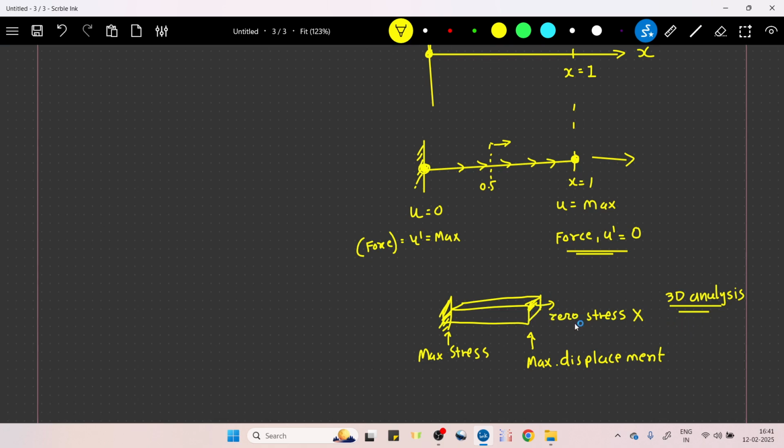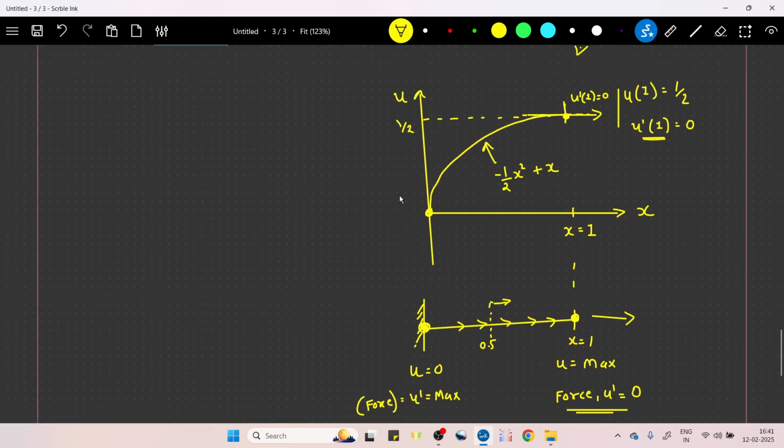So you won't say zero stress, but we can say the minimum stress will be reported at this end, and maximum will be reported at this end. I hope you can clearly understand why it happens from our analytical solution.